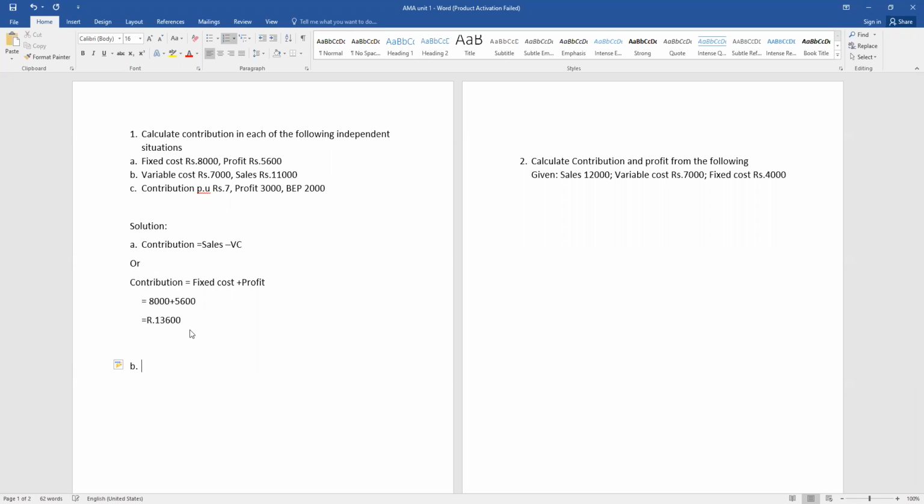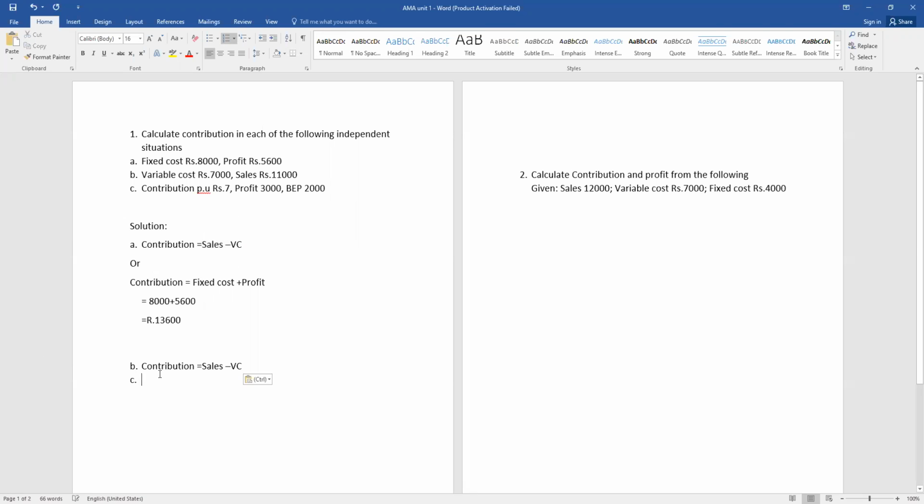Now coming to B situation. They have given us variable cost and they have given us sales. So we can use the first formula, contribution is equal to sales minus variable cost. Sales is 11,000 minus variable cost given is 7,000, equal to rupees, how much? 11,000 minus 7,000 is 4,000.